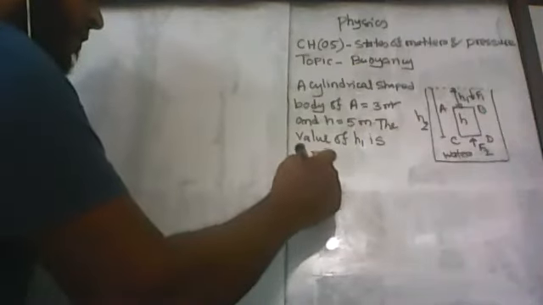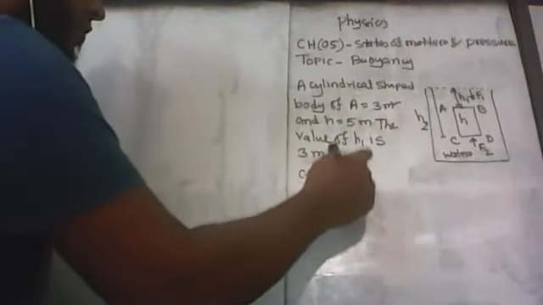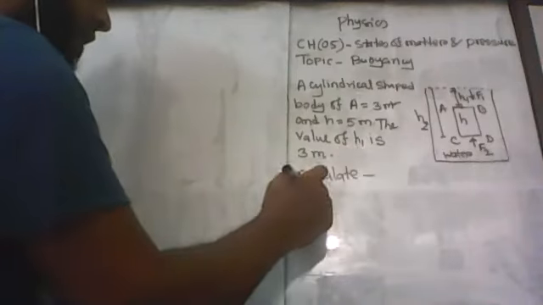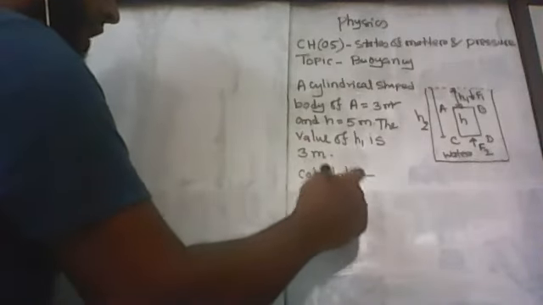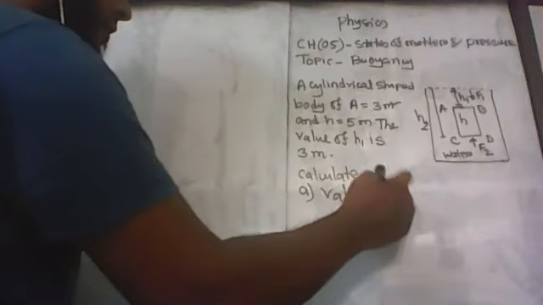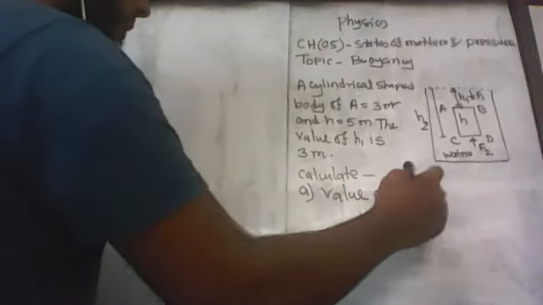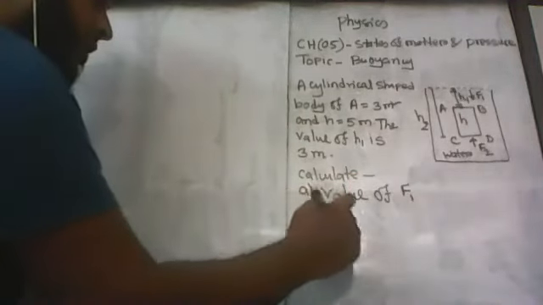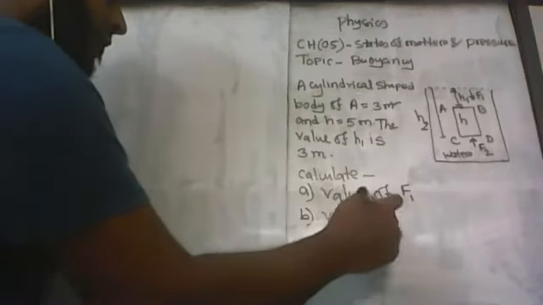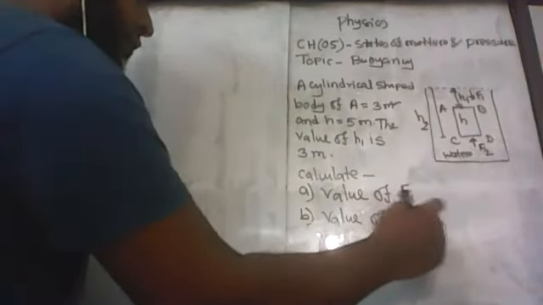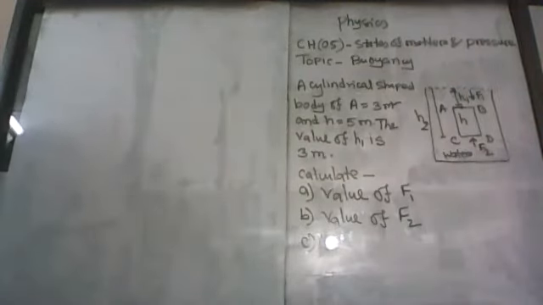Calculate number A, the value of F1; number B, the value of F2; and number C, find out the resultant buoyancy force on the cylinder.